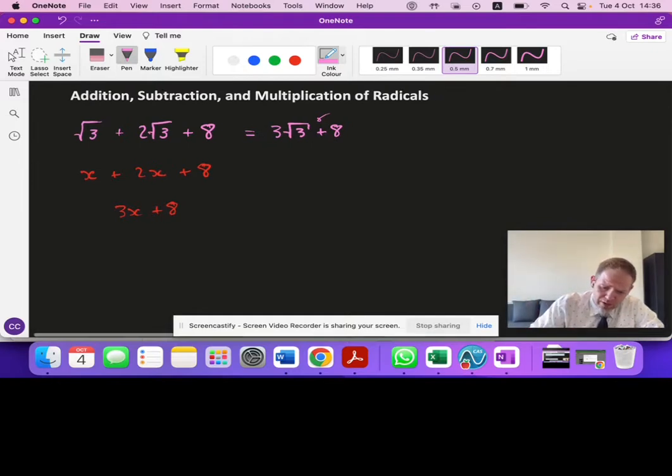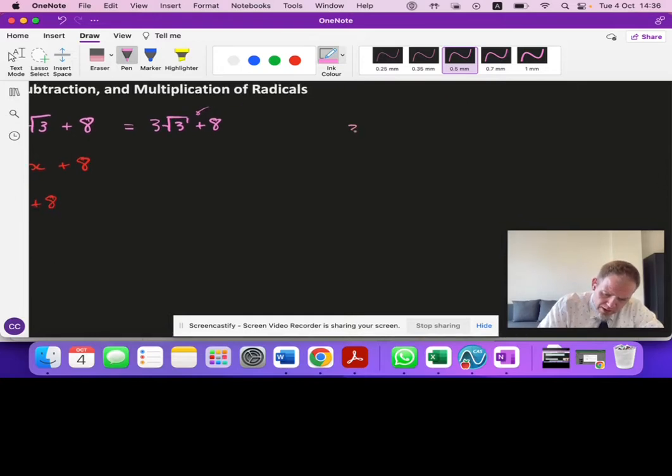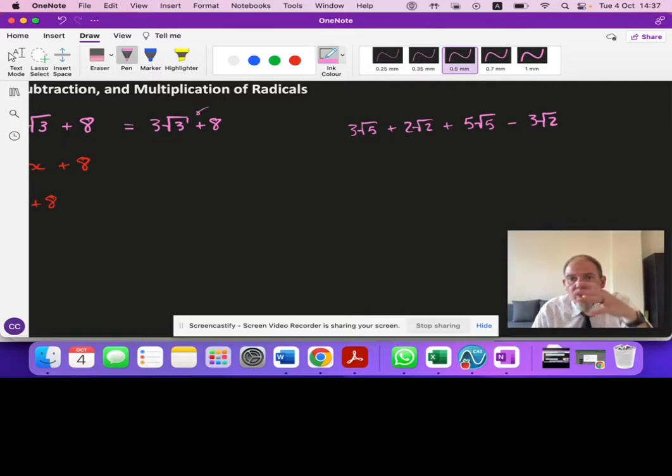We can do this infinitely, but if I had 3 square roots of 5 plus 2 square roots of 2 plus 5 square roots of 5 minus 3 square roots of 2, well, again, we can only combine similar radicals. That's all we can do, gather radicals together.